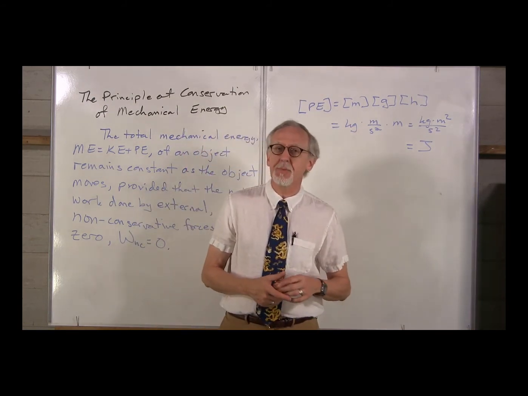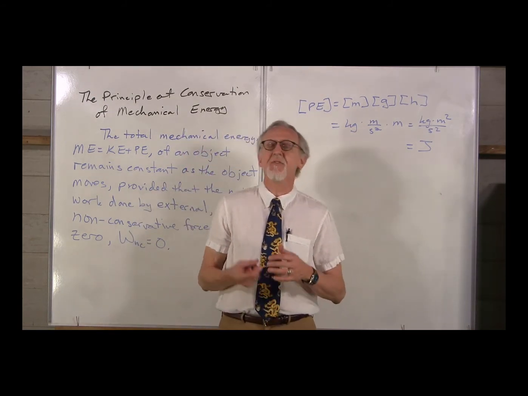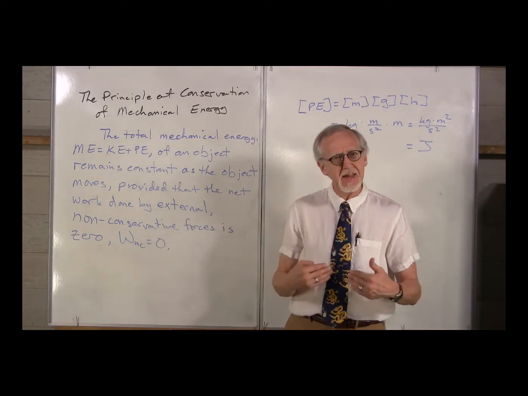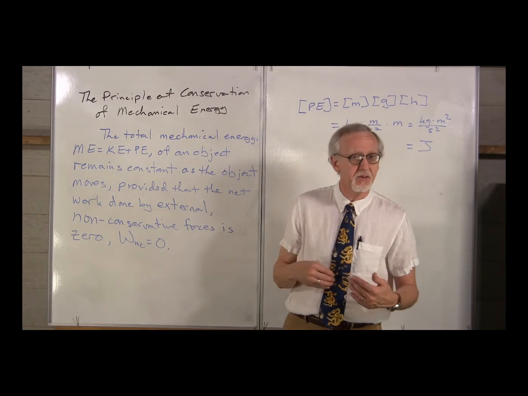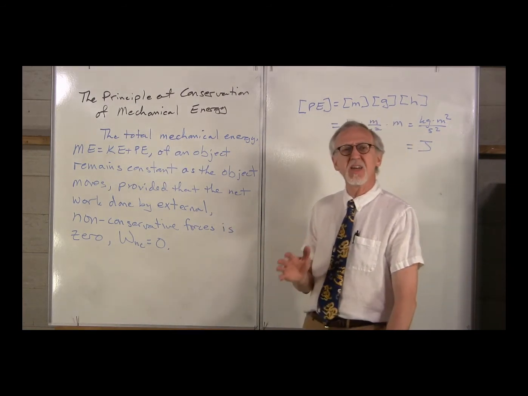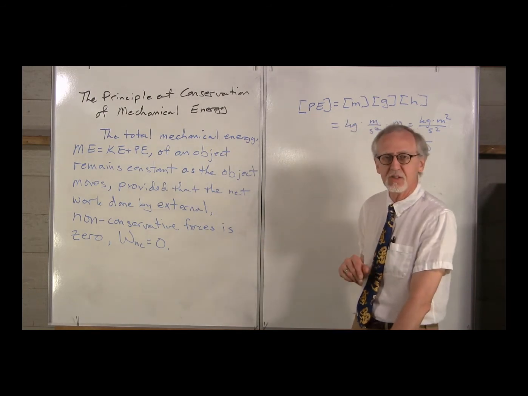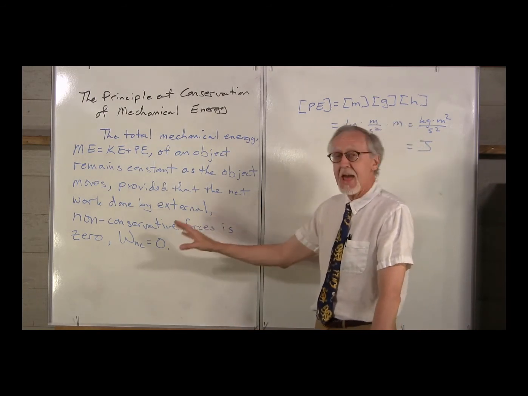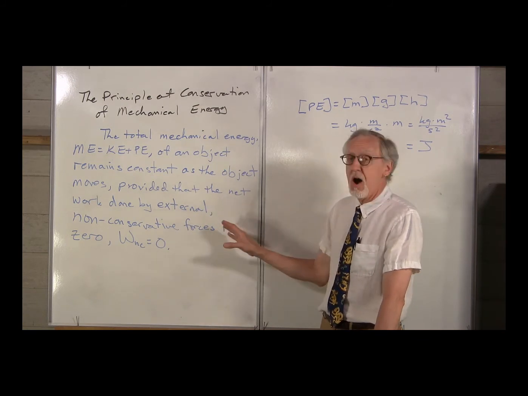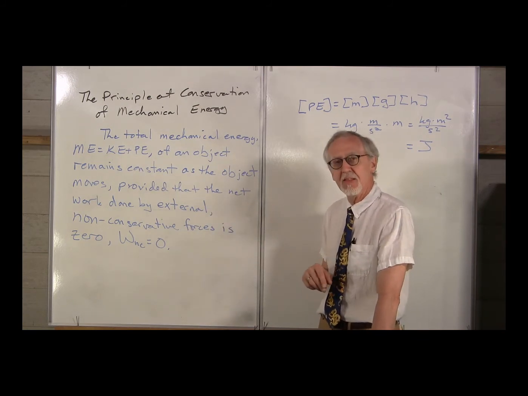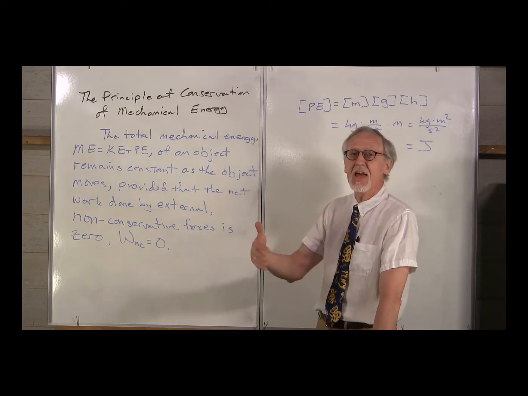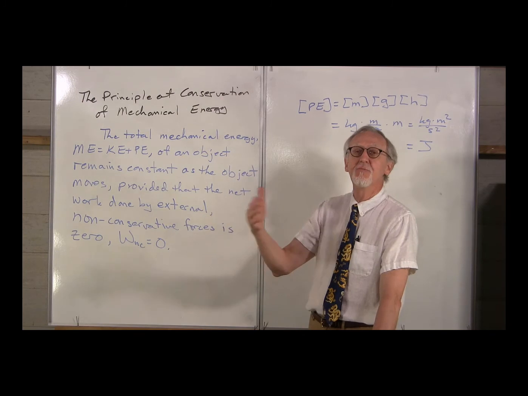Friction is another example of a non-conservative force. If friction is acting on an object and slowing it down, it would be taking energy out of the system, doing negative work. So these external non-conservative forces, we're talking about pushing forces, frictional forces, things like that. As long as there is no work done by any of those forces, there are conservative forces that we'll talk about later on that will conserve the mechanical energy, but they will mean we have to put in a different kind of potential energy.